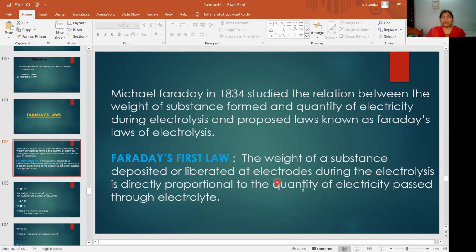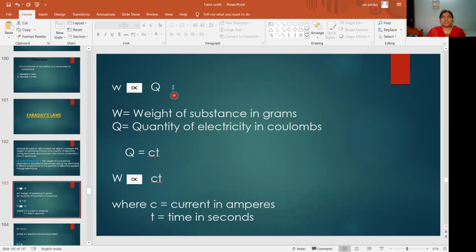So whatever quantity of electricity we are passing, that much amount will be deposited at the electrodes. That is the statement of Faraday's first law. According to Faraday's first law, W is directly proportional to Q, where W is weight of substance in grams and Q is quantity of electricity passed through electrolyte in coulombs.